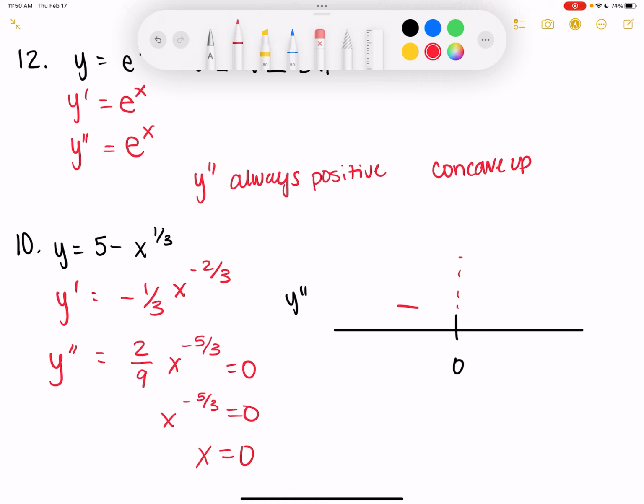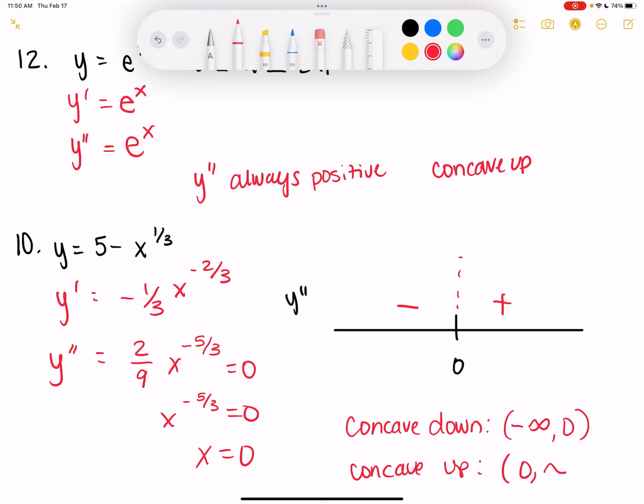And then if I plug in 1, it's positive. So we are concave down from negative infinity to 0, and concave up from 0 to infinity.